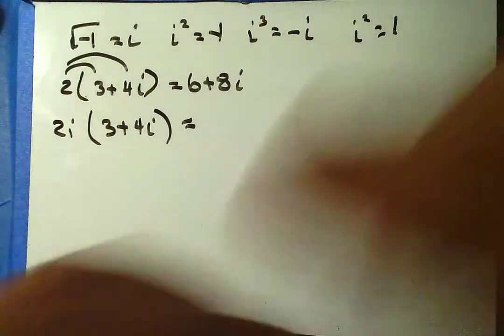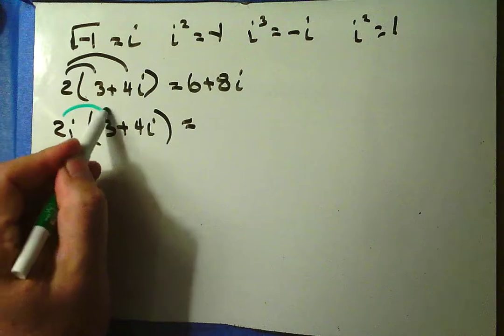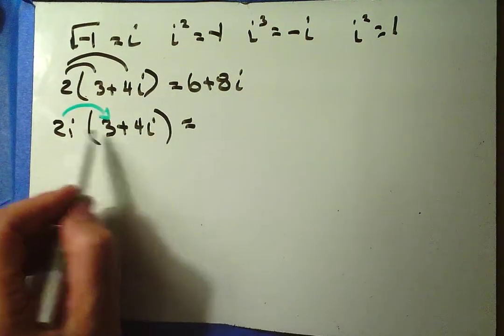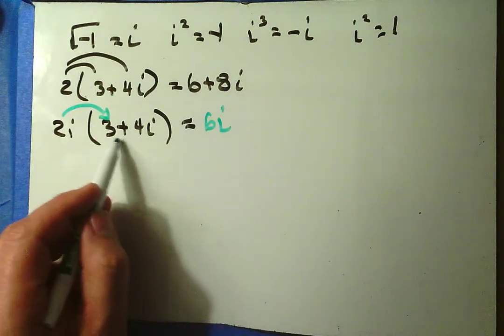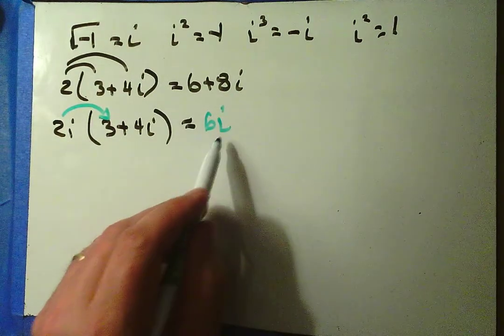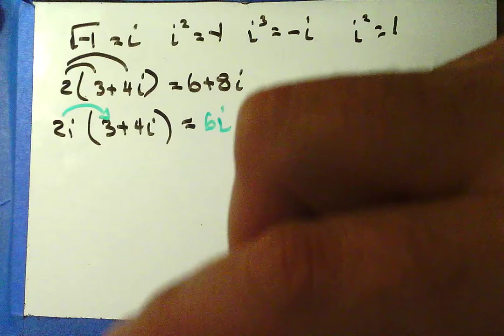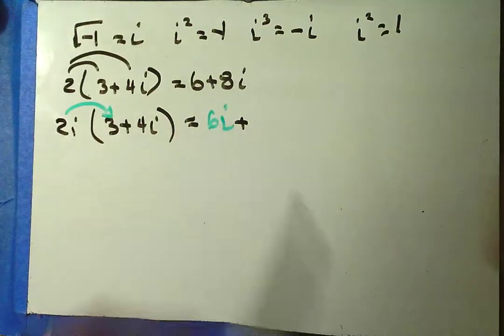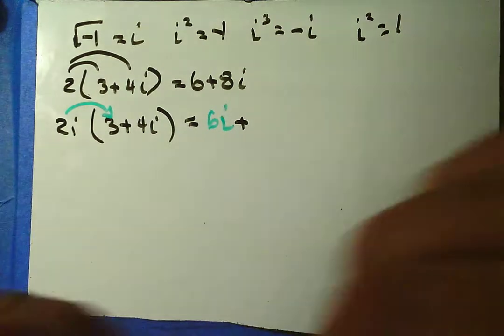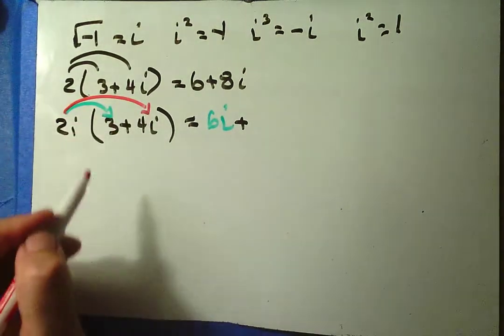Here, we'll do it in two colors. We've got the 2i times 3. 2 times 3 makes 6i, right? There's no i's here to do anything with that, so it's just 2 times 3. But then after the plus sign, we're going to have 2i times 4i.